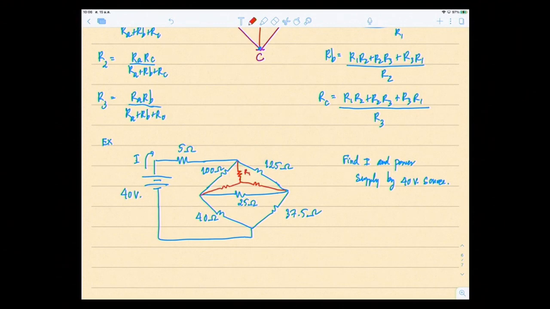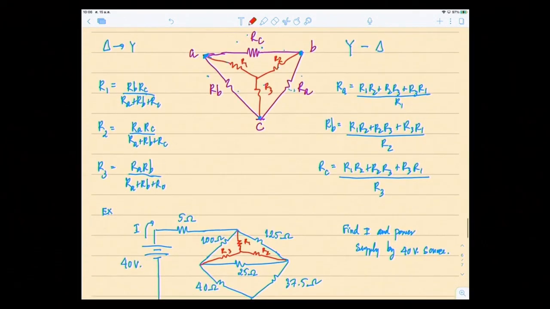Let's see if the circuit becomes easier to solve. So I'm going to change this 100, 125 and 25 ohms into the Y connection. So delta to Y, please.